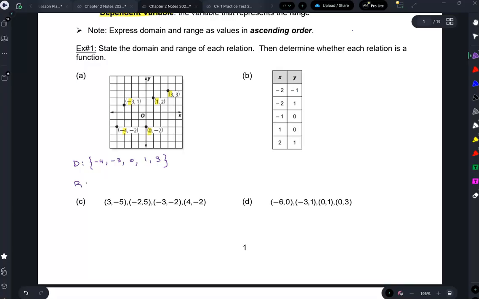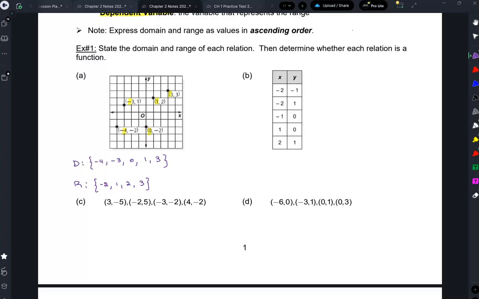For the range, the y values, I have -2, I have two -2s. Don't write them twice, just write them once. 1, 2, 3. Cool?